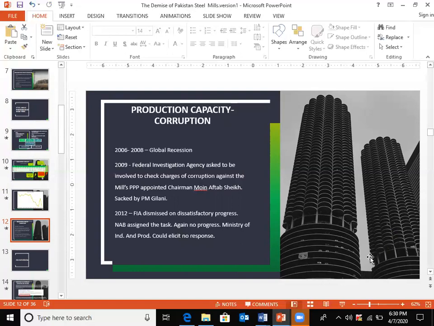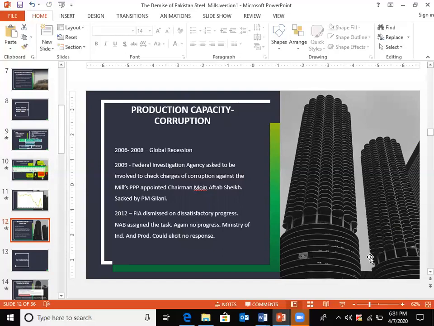But other than that, one of the things that unfortunately has plagued the steel mills has been corruption. In 2009, the head of the steel mill at that time, Chairman Moin Aftab Sheikh, was sacked by the prime minister, and the reason was corruption.